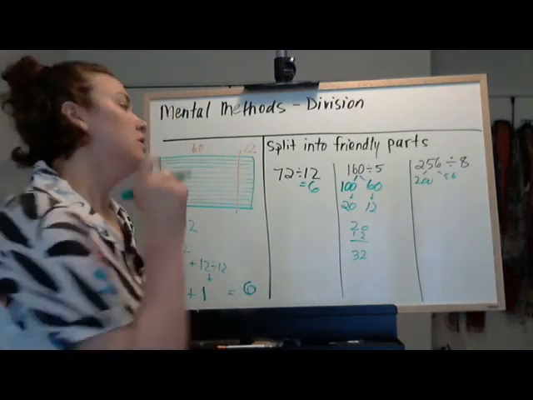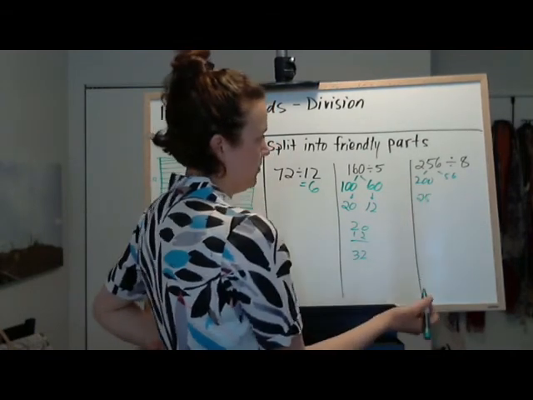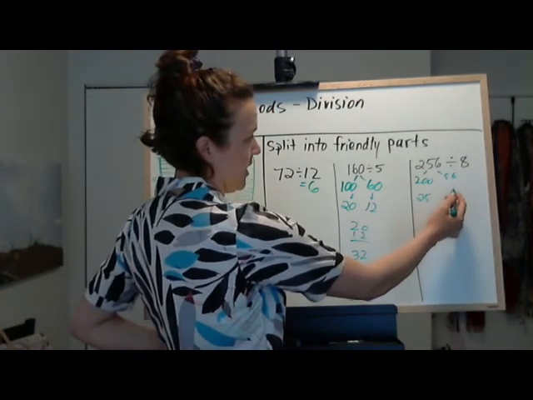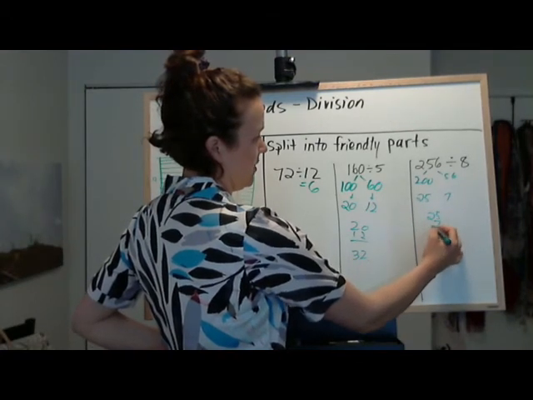So 200 divided by 8 is 25. 56 divided by 8 is 7, so I have to do 25 and 7.